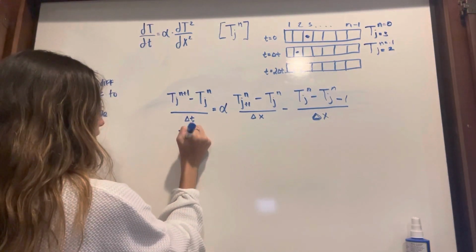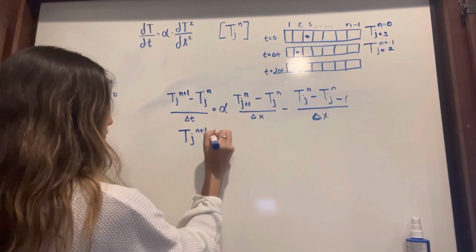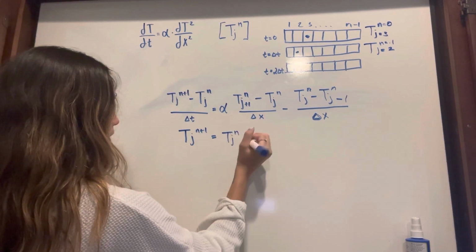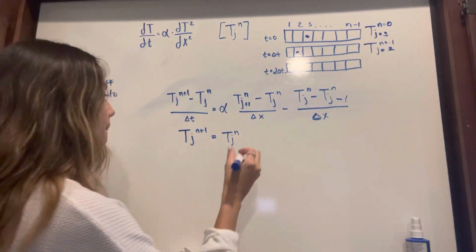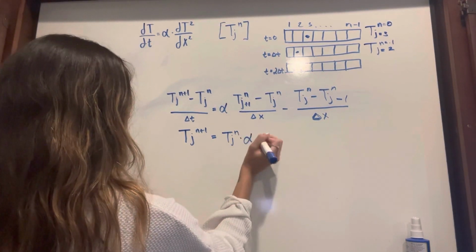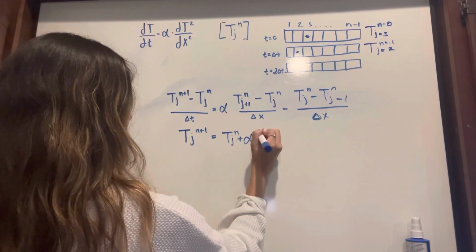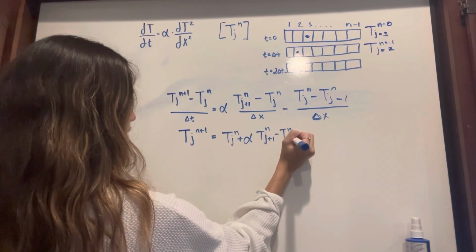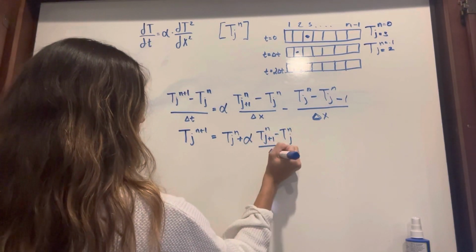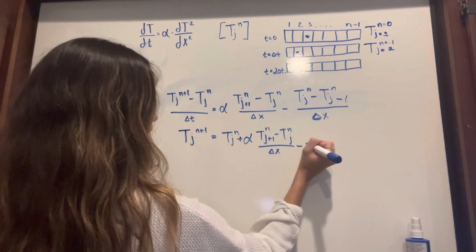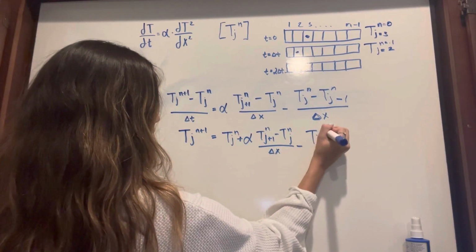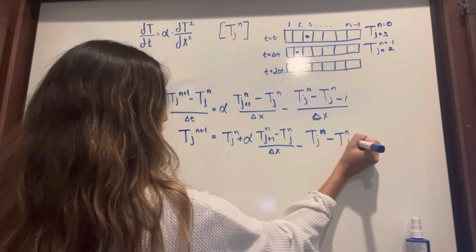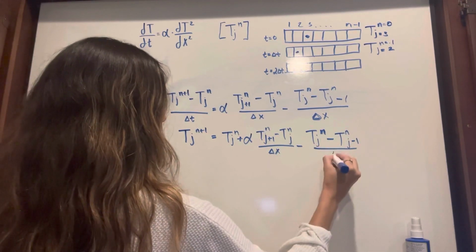So it's going to look like this: equals T, our initial temperature at time and position, plus alpha times T at j plus 1, n minus T n j, all over change in position, minus our initial time and position minus our last time and position, all over the change.